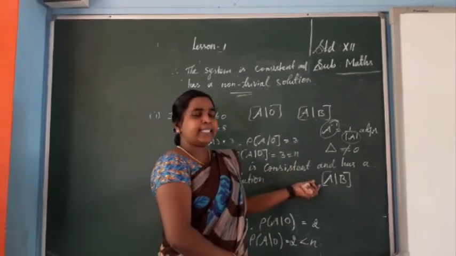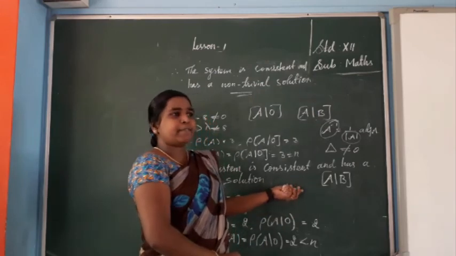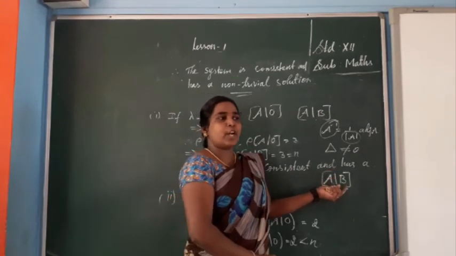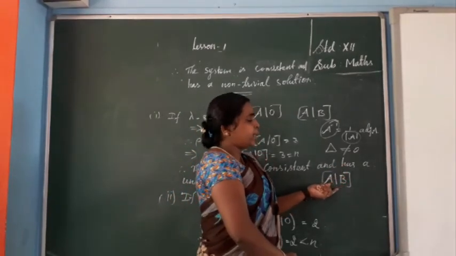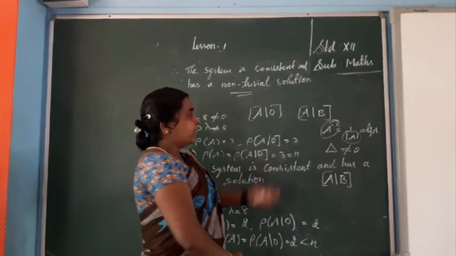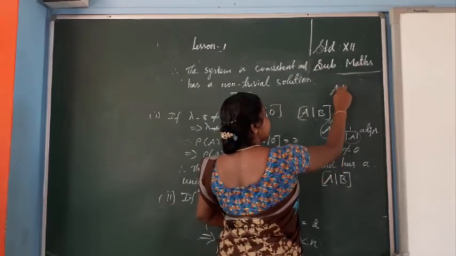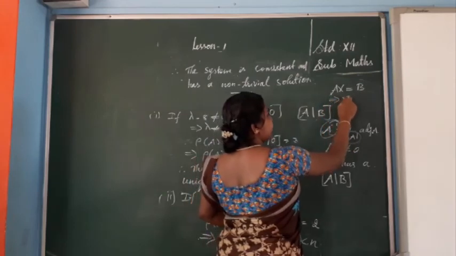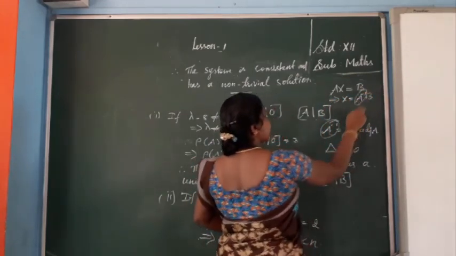If you are getting 3 equations, that is a unique solution: you get separate values for x, y and z. If you are getting 2 equations, you have to assume one unknown value. If you are getting 1 equation, you have to assume two unknown values. Then the inversion method: first you write the equation in the form AX = B, then X = A inverse B. So here also we want to find A inverse.